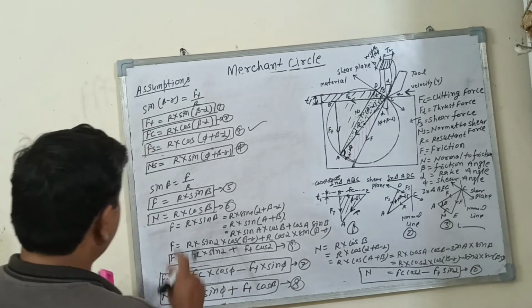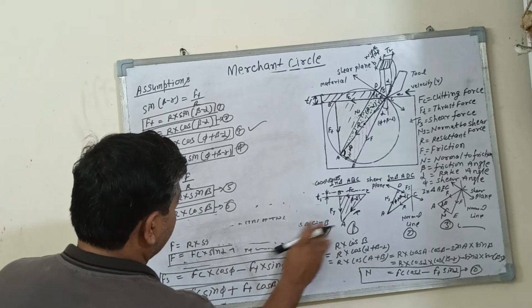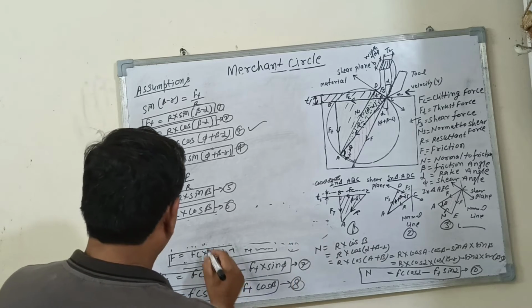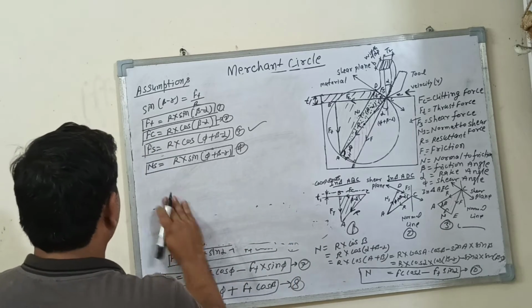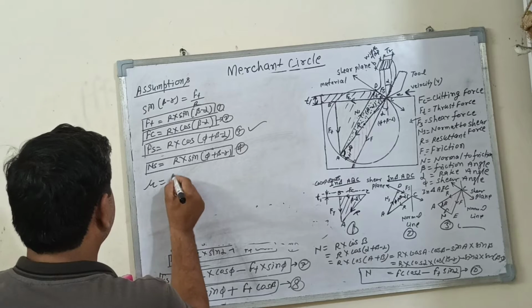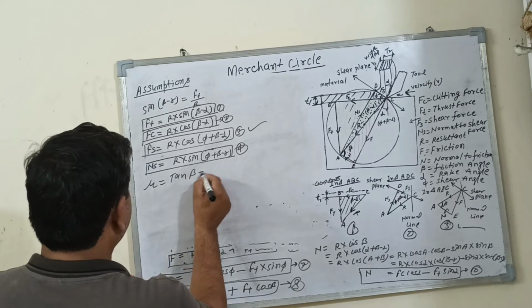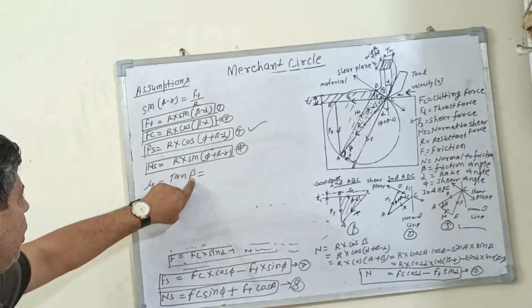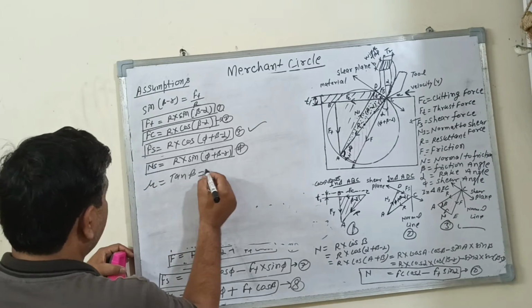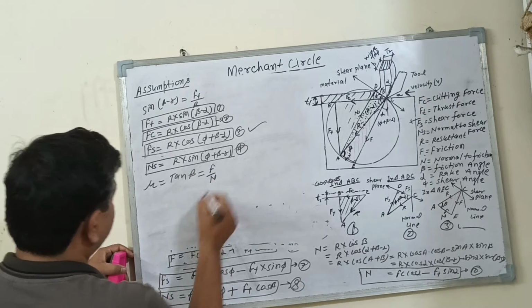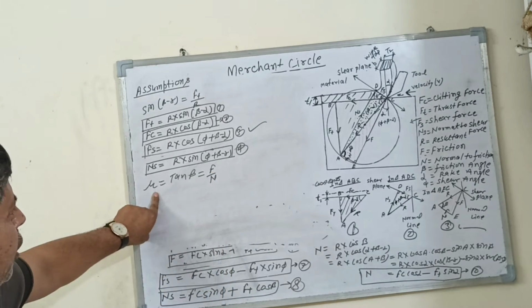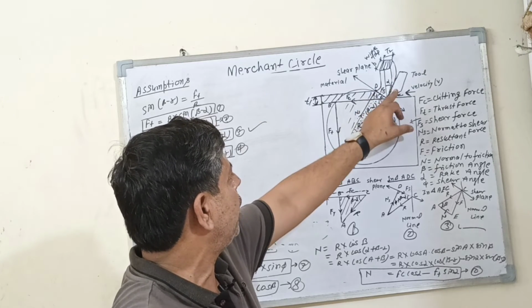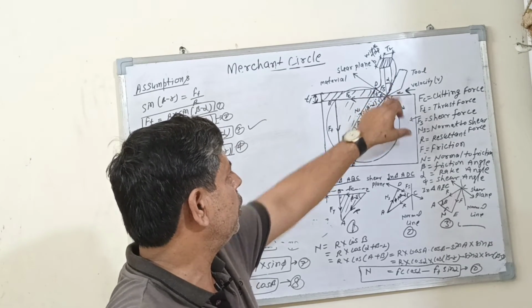Here, so you can write it again: mu is equal to tan beta is equal to F upon N. The mu means the coefficient of friction between the chip material and the cutting tool.